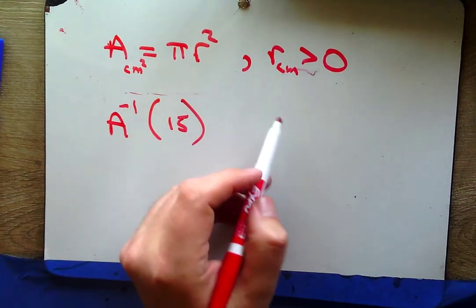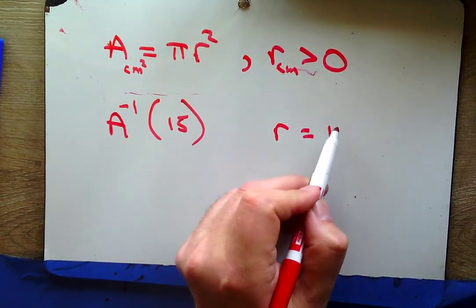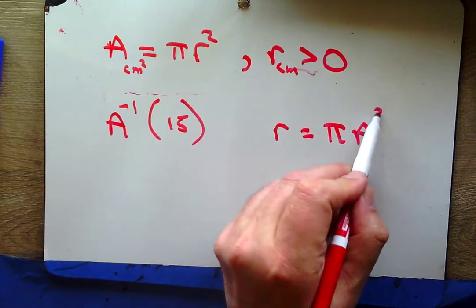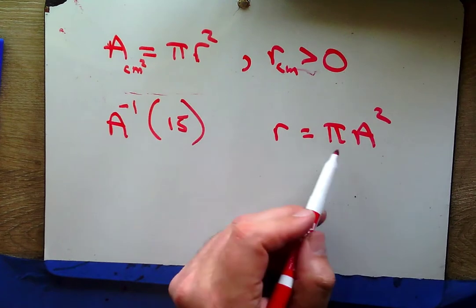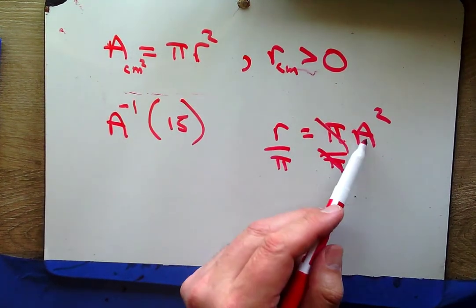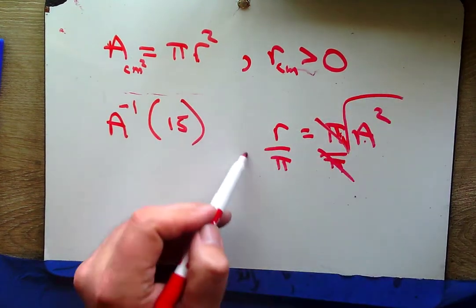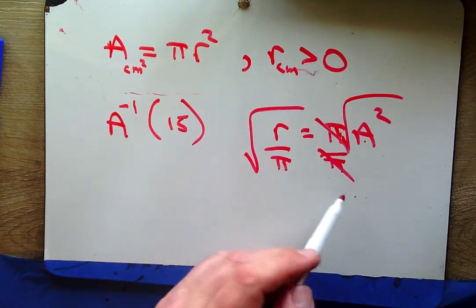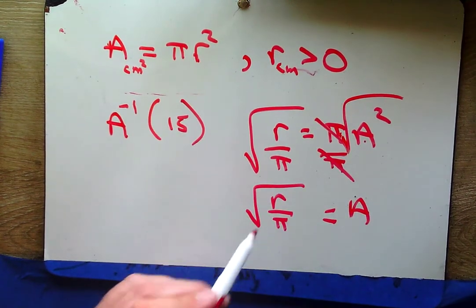So we'll switch the inputs and outputs. r equals pi a squared. And so I've switched inputs and outputs. I'm going to divide by pi. To get from a squared to a, I need to take the square root of both sides. And so I get a equals the square root of r over pi.